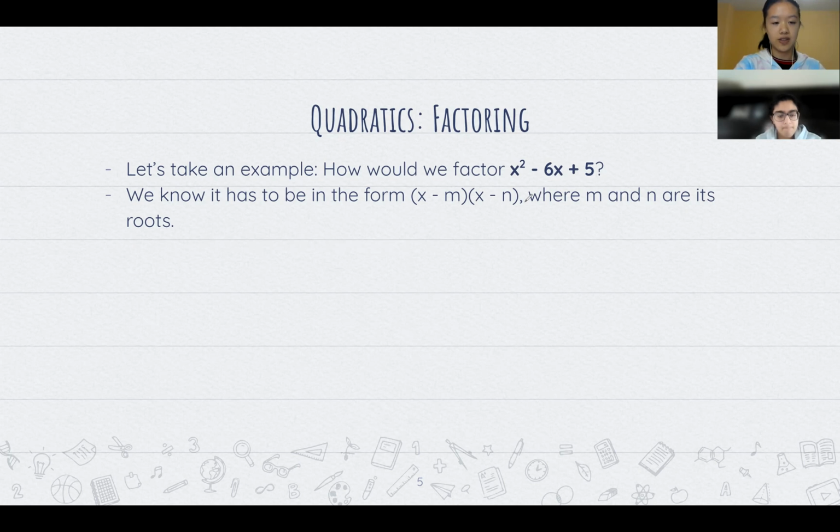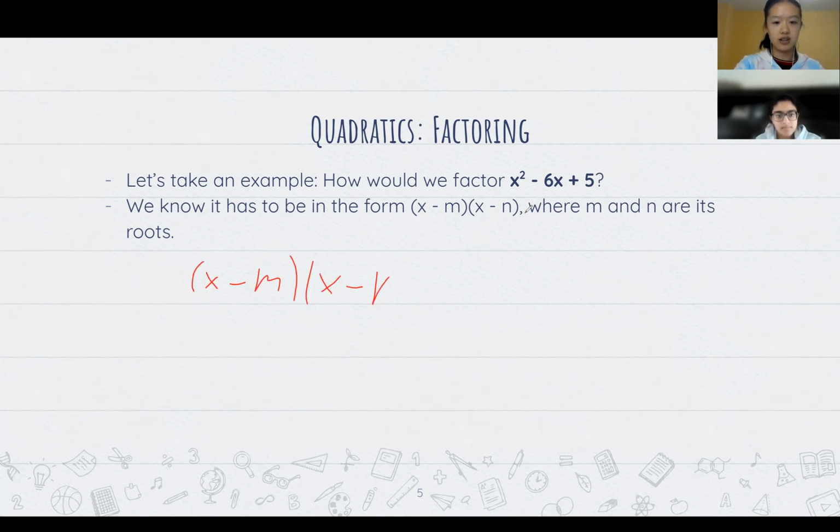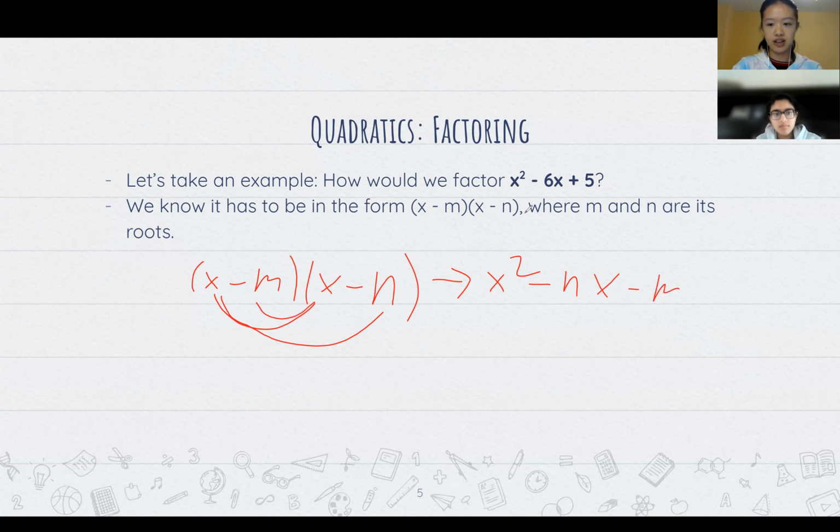So x minus m times x minus n would be x squared minus nx minus mx plus mn.